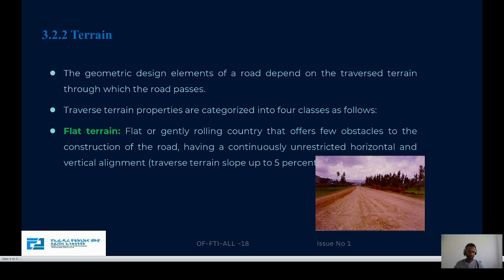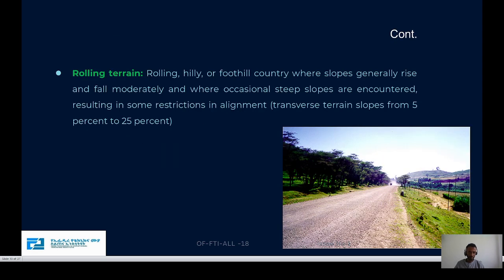Looking at the flat terrain, as you see in the figure, the traverse slopes will be 0 up to 5%. It is mostly flat, with unrestricted horizontal and vertical alignment.